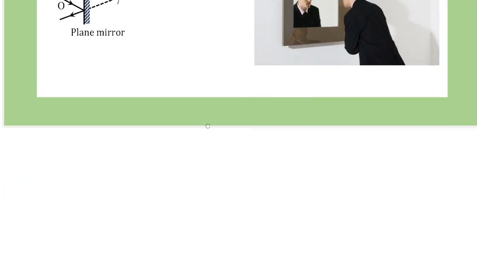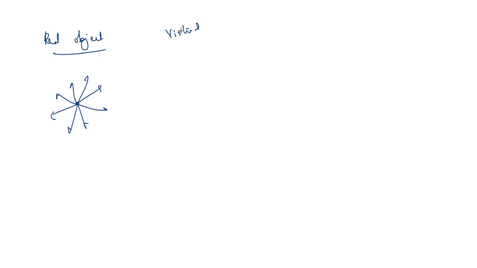We'll summarize the above study. A real object means an object from which light rays are diverging. This is called a real object. We're studying in terms of ray optics only. Now virtual object means use the word appear.